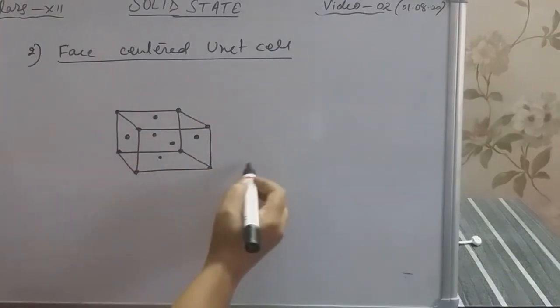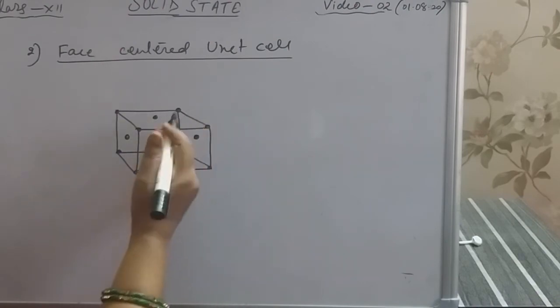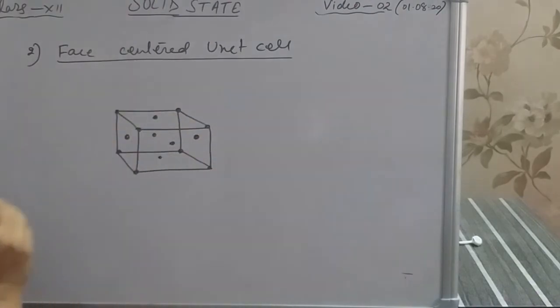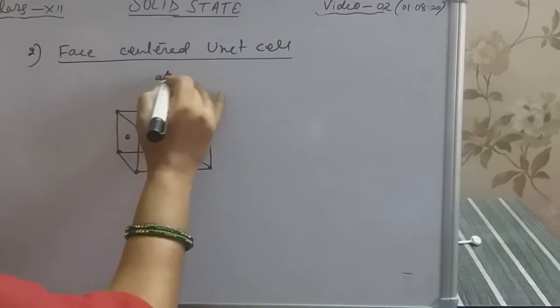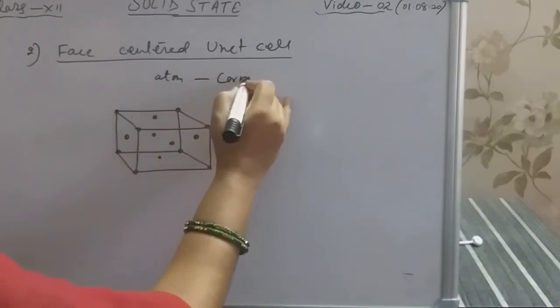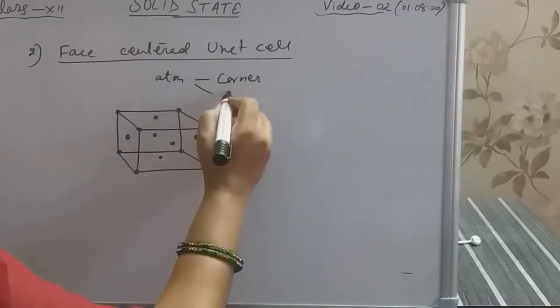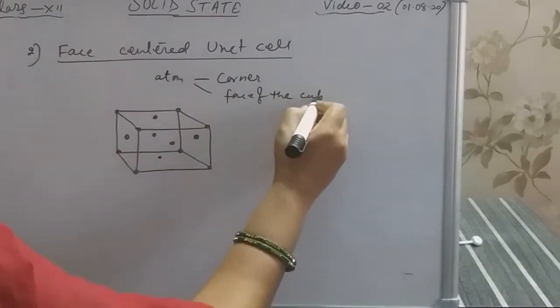If we draw one unit cell, half the contribution of this atom is in each unit cell. So count the atoms present in the corner as well as the face of the cube.